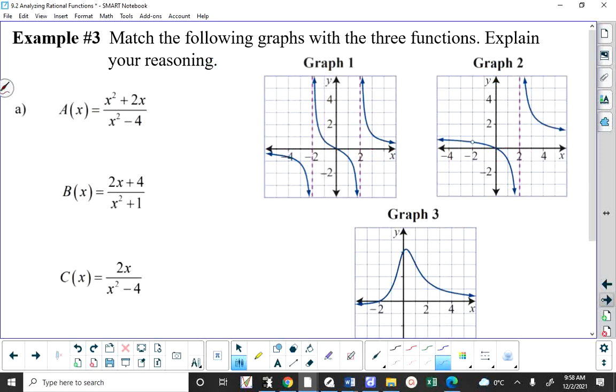Okay, example 3 asks us to match. As a precursor to this question, we have to match 3 different functions with 3 different graphs. I would like everybody to factor completely all of these expressions.